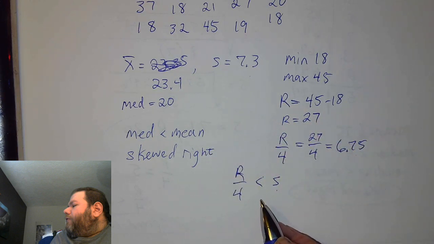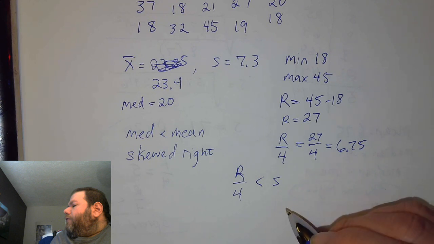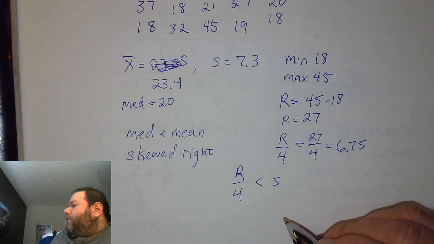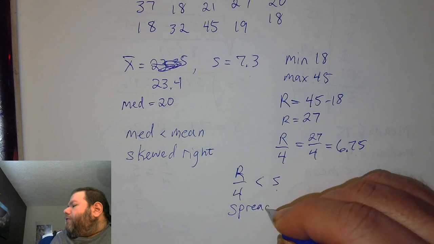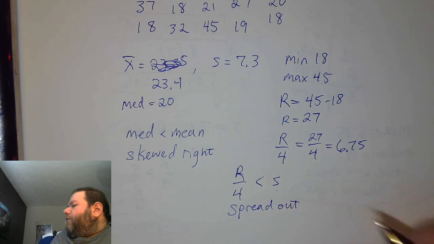And R over 4 being less than S, I believe that was spread out again. It's okay, unless you have the sheet in front of you, it's hard to remember some of these things.